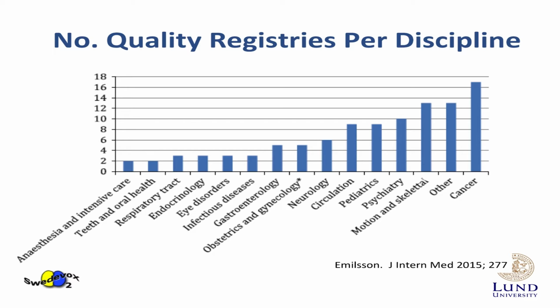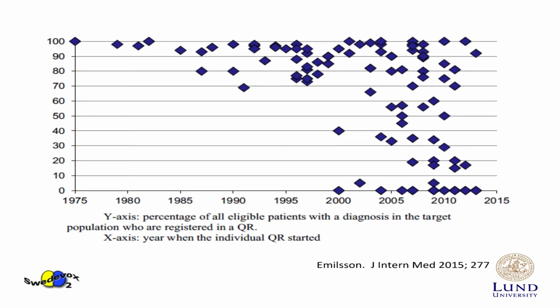And they had a rather nice graph, I think, about the number of registries for the major disciplines. And you see that it differs. For example, there are a lot of cancer registries. They've really, for a long time, been working really hard. And cardiovascular disease and so on. A lot of areas are picking up on this.